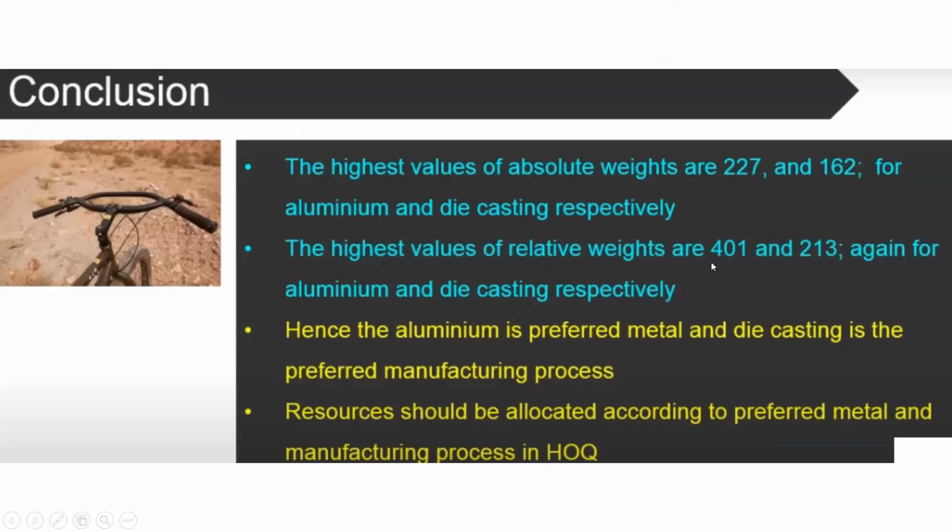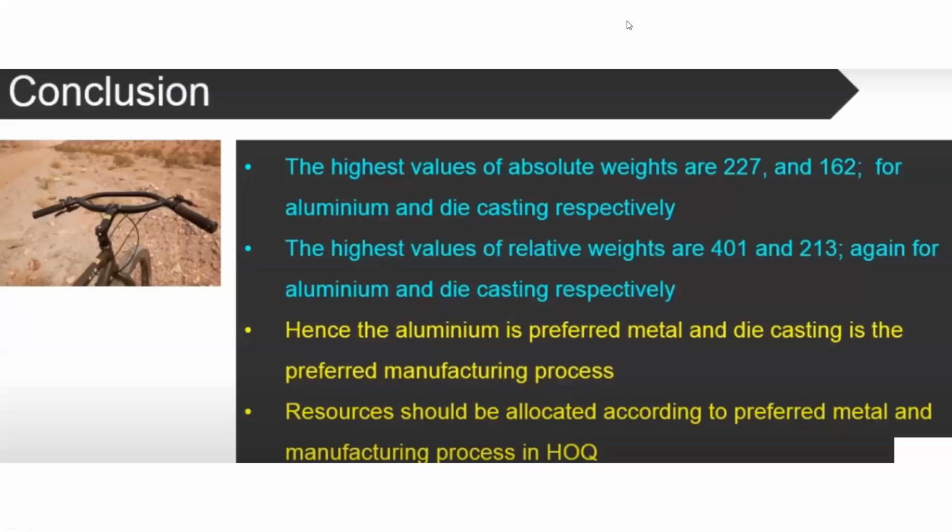For relative weight it is these two, so aluminum and die cast respectively. So I can say that aluminum is the preferred material and die cast is the preferred manufacturing process. Resources should be allocated according to the preferred material and manufacturing process. This is the conclusion.